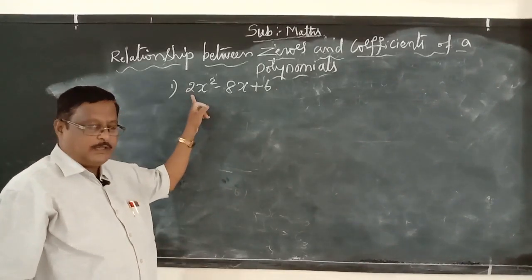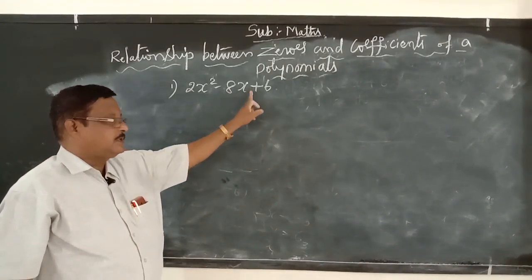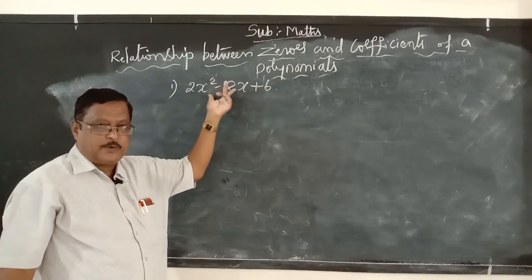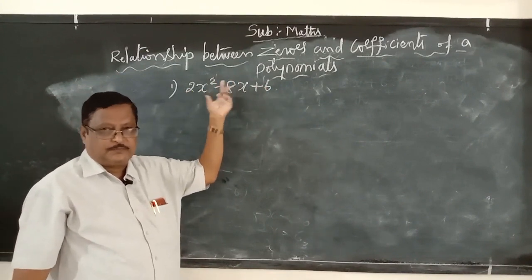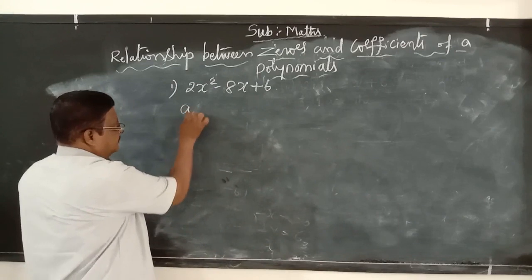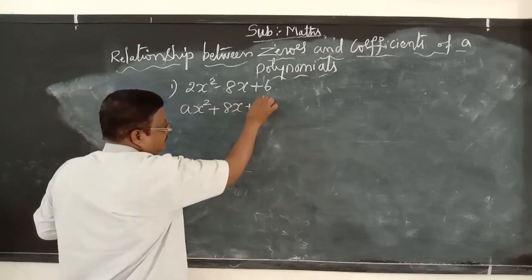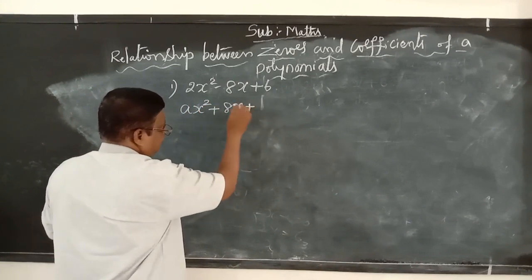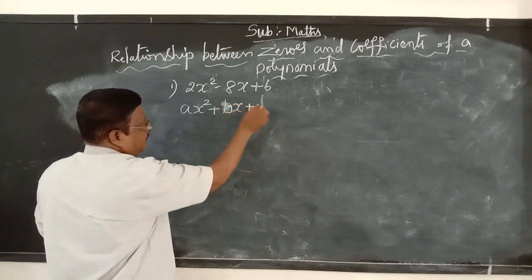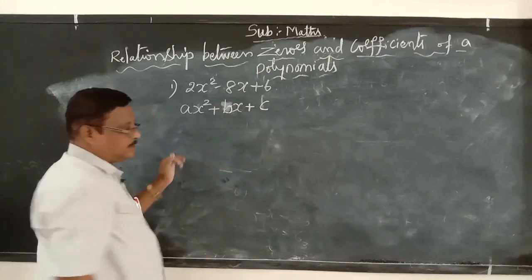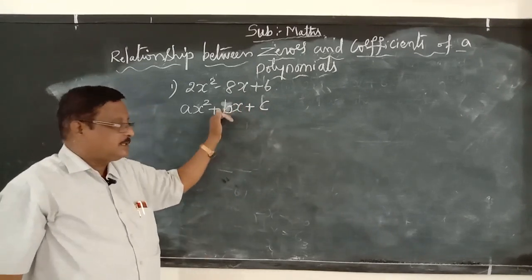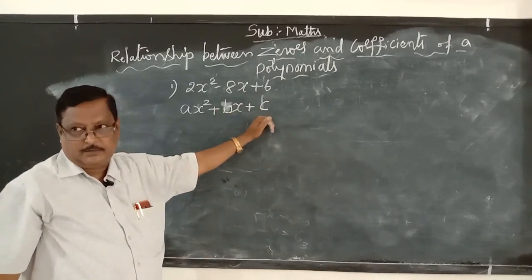Here the polynomial is 2x square minus 8x plus 6. This is the given polynomial. You compare with the standard form, ax square plus bx plus c. This is the standard form of quadratic polynomial.